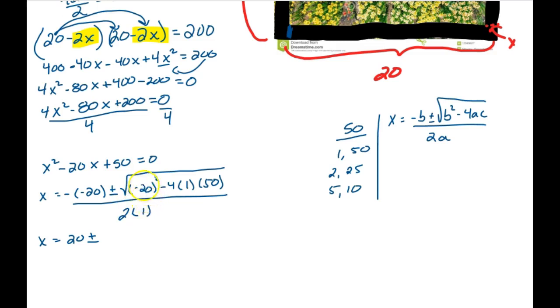So here now we have negative 20 squared is 400, minus 4 times 50 is 200, all over 2. So 20 plus or minus the square root of 200 all over 2.